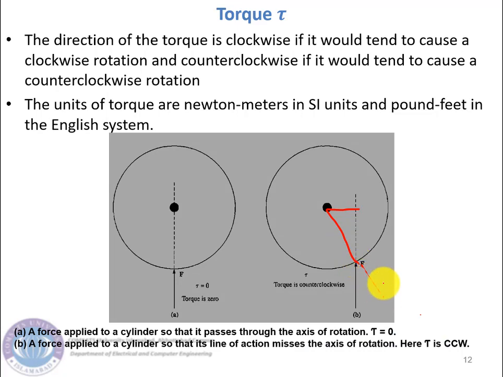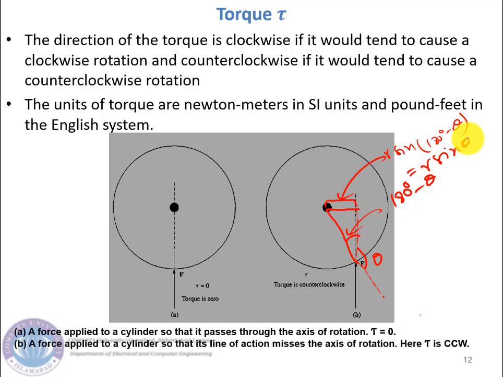So if we extend it here, this will be our theta, and this will be 180 degrees minus theta, and we call this r sine of 180 degrees minus theta, which is obviously equal to r sine theta.